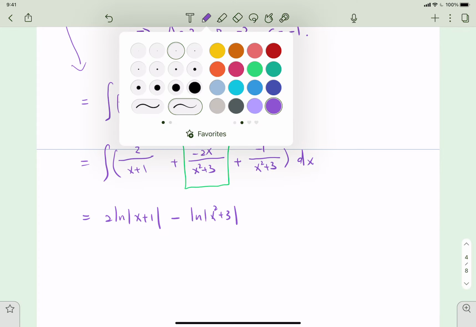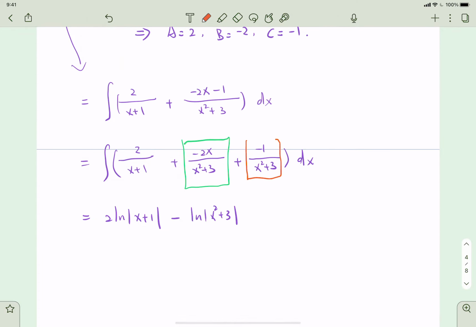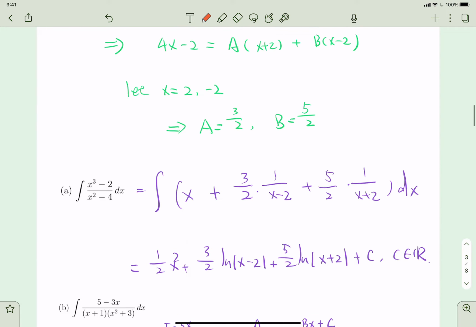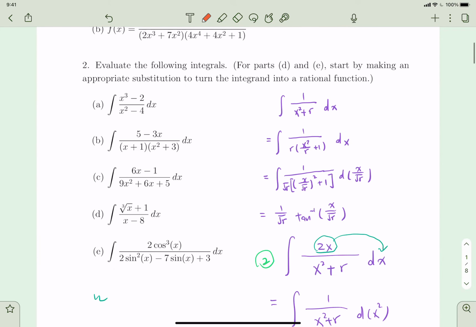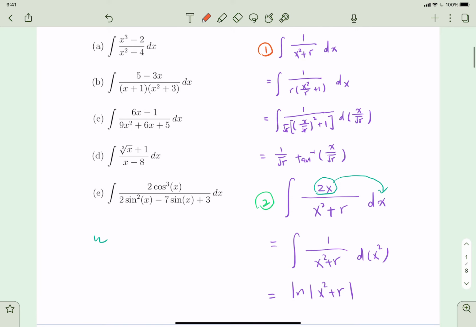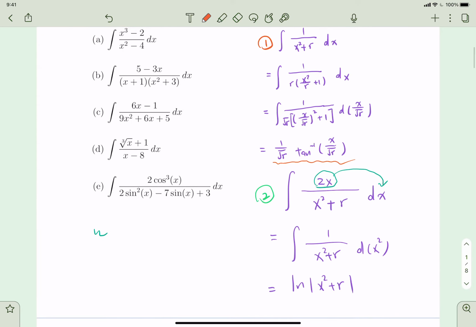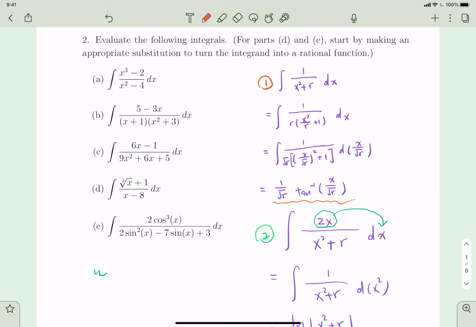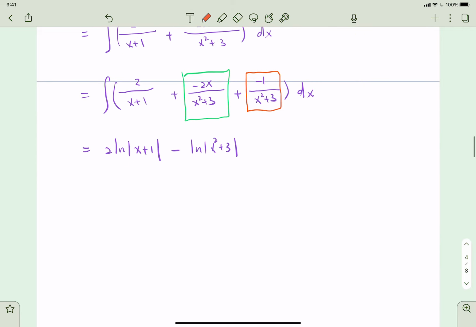Okay, and the last term, that is our first type of integral that we've talked about here, right? Have the constant on the top and square plus something in the bottom. That is this guy here. 1 over square root of r tangent inverse x divided by square root of r. Exact same step, so I'm going to write that directly.